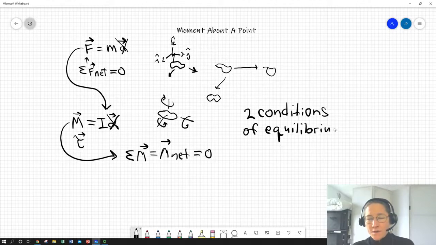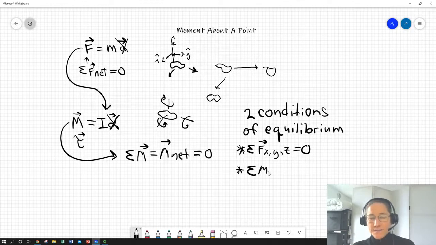If we don't have a point, if we've got a rigid body that can rotate, where we can exert a force on one side and cause it to spin, now if we want to keep it in static equilibrium, we have to say the sum of the forces in the x, y, and z directions each one of them has to be zero, and we have to make sure that the moments or torques in each orthogonal direction is zero.